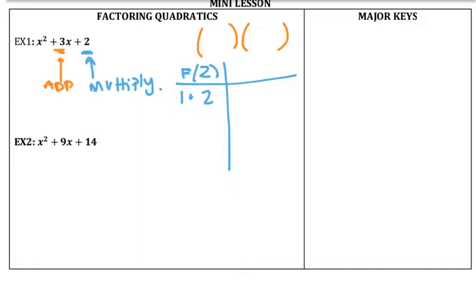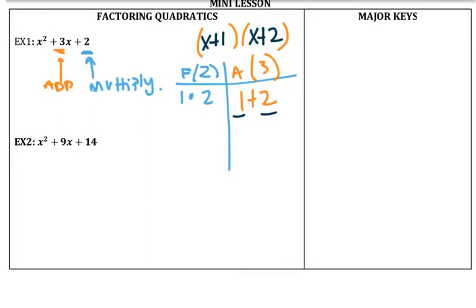Oh, look, we can stop there because 1 plus 2 adds to 3. Those two numbers multiply to 2, and they add up to 3. So these are the numbers that I'm going to put into my factors: x plus 1 and x plus 2. So I just use 1 and 2.